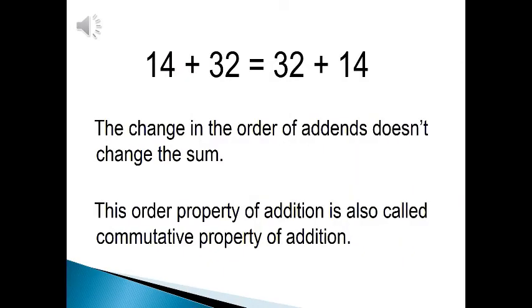So 14 plus 32 is equal to 32 plus 14. Thus, we know that the change in the order of addends does not change the sum. This order property of addition is also called commutative property of addition.